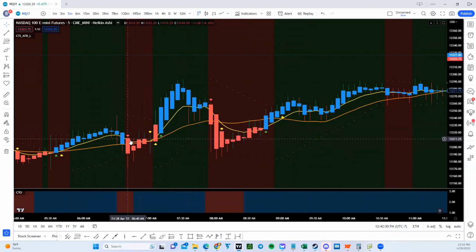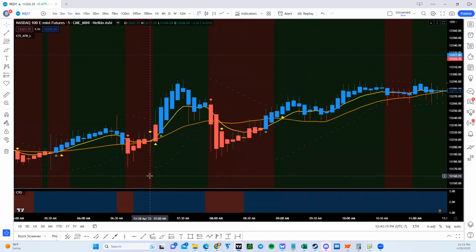When the 9 crosses below the 21, it will produce a yellow down arrow. When it crosses above, it will produce a yellow up arrow. I kept these the same color to avoid confusion with these arrows here. And so you see that we don't have the fire of the cross until here.